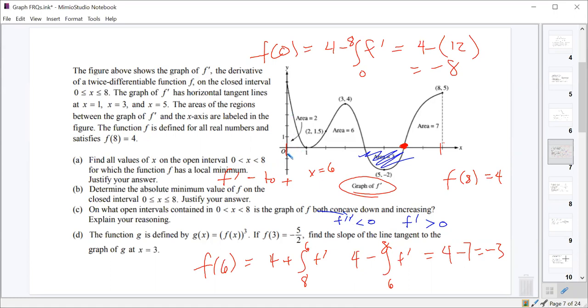So that'd be 0 to 1. Then the slopes are positive. Then the slopes are negative from 3 to 4. So 0 to 1, 3 to 4, and then they're positive again. So it looks like 0 to 1 and 3 to 4. Everyone good with part C? That was worth 2 points.